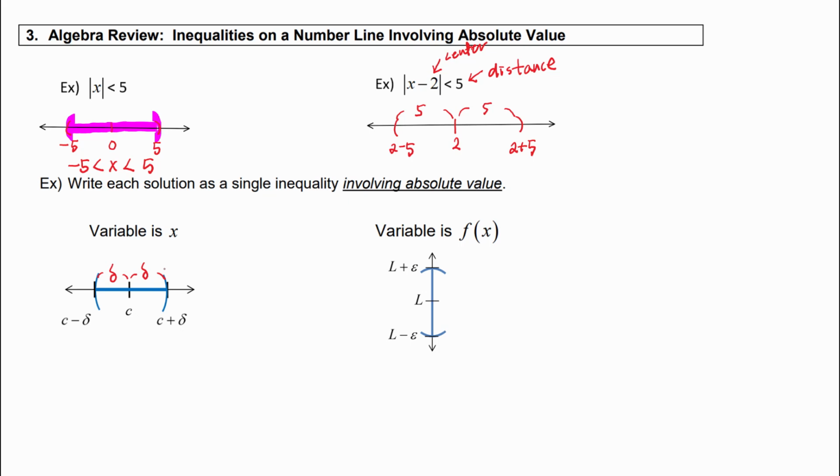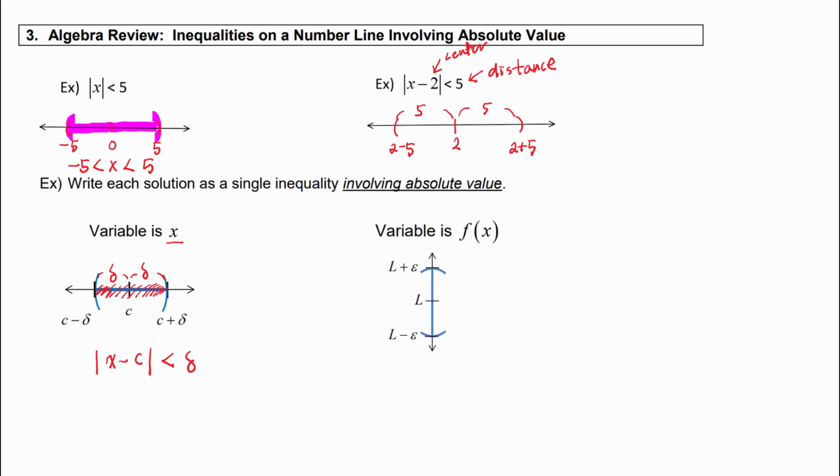If we write this in absolute value inequality notation, the variable is x. So we want all x from center c whose distance is less than delta units. Then x would be all numbers in c minus delta to c plus delta.